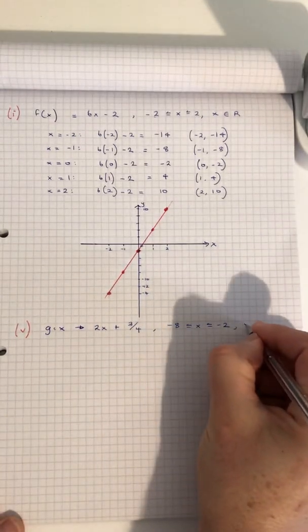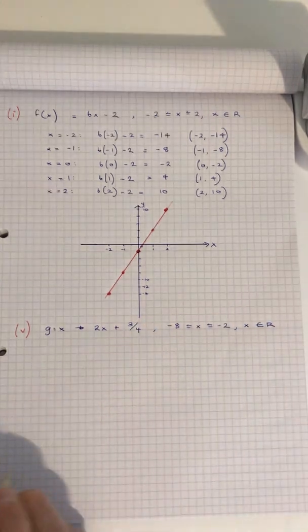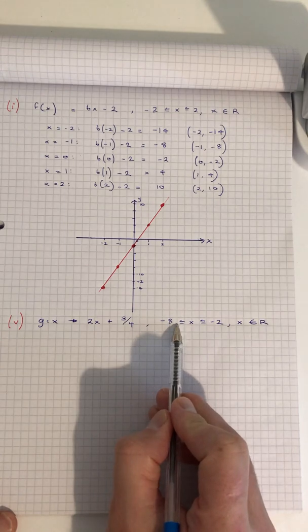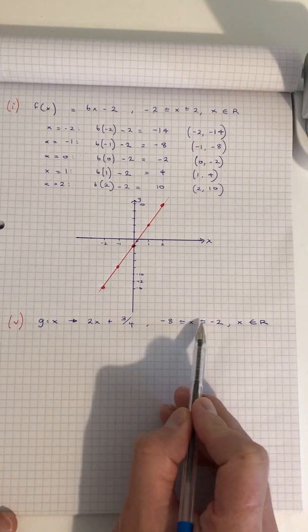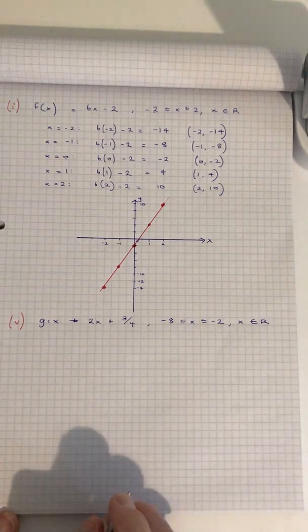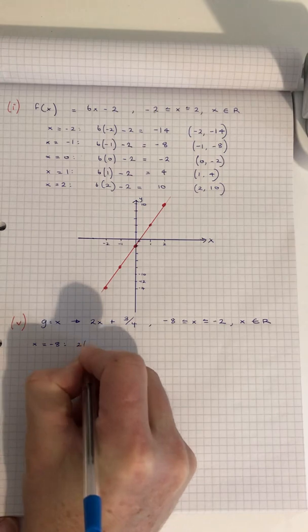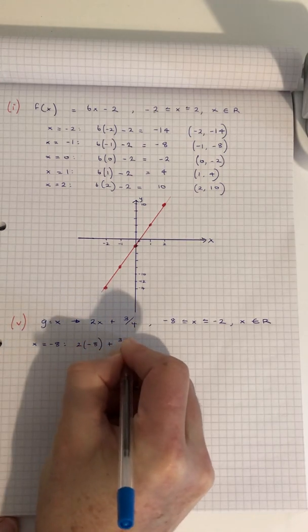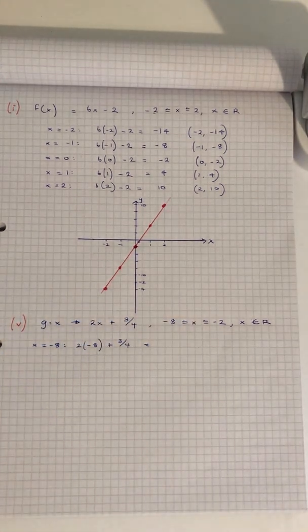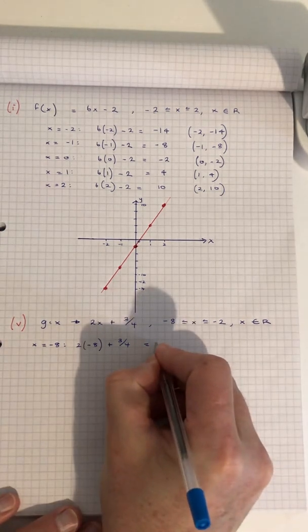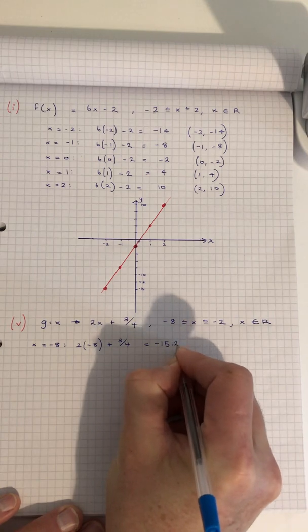Okay, so no pluses for the x's. So again, I'm going to substitute in these numbers from minus 8, minus 7, minus 6, minus 5, minus 4, minus 3, and stopping at minus 2. So when x is minus 8, 2 times minus 8 plus 3/4 is equal to, and you can use your calculator if you're not confident, okay? And I get minus 15.25.